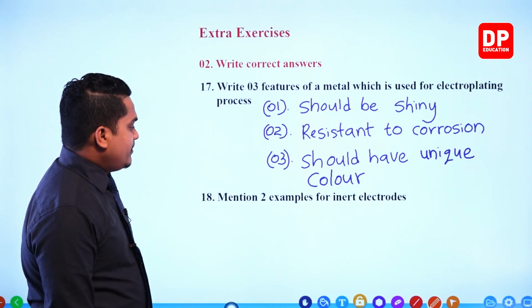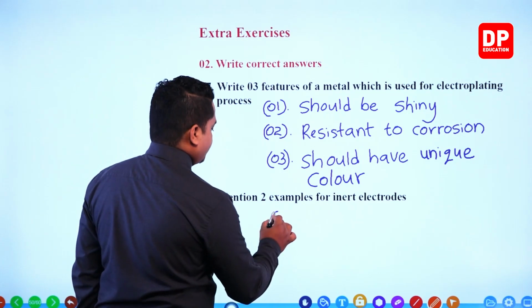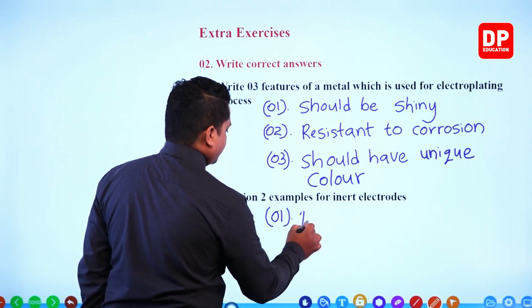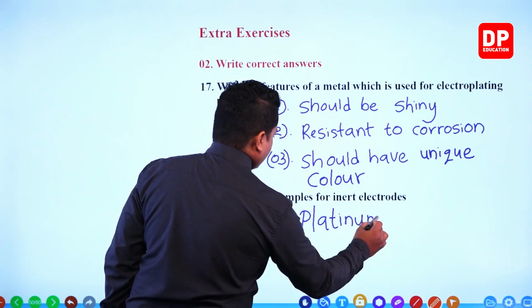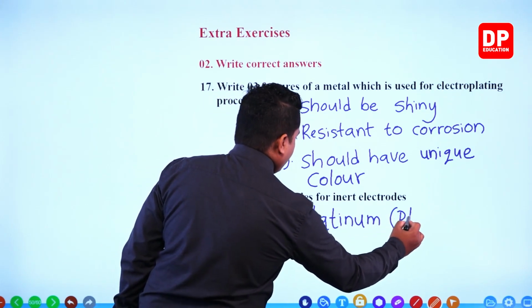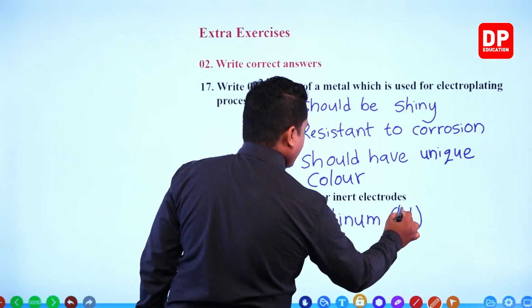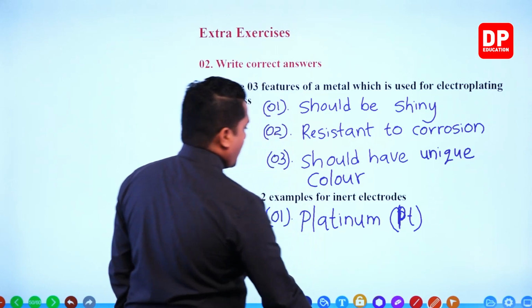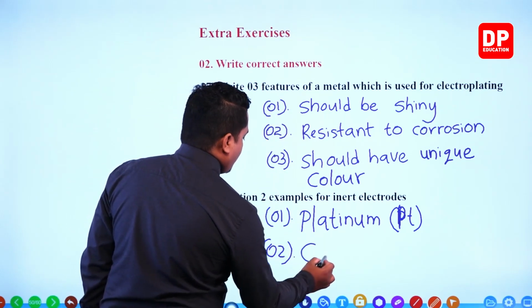Next one, mention 2 examples for inert electrodes. Platinum. Go by the symbol Pt. Capital P, small t. Okay, remember that. Next one, number 2, carbon.